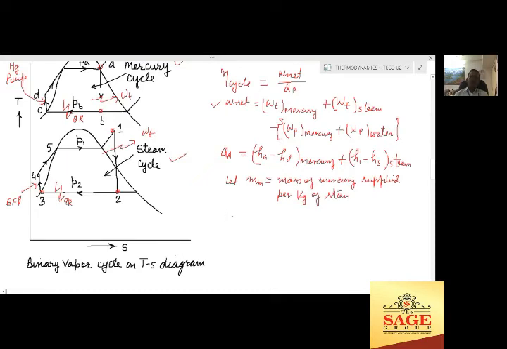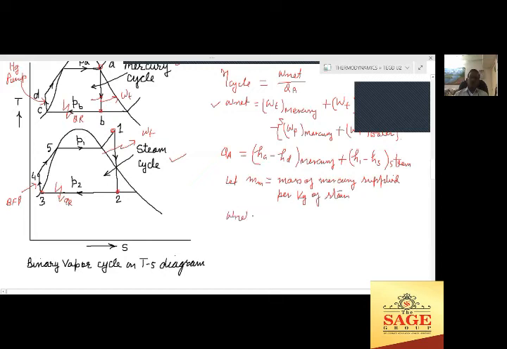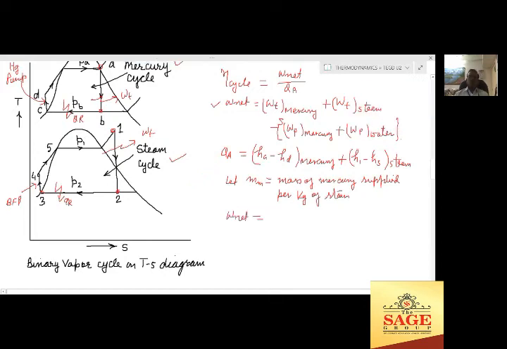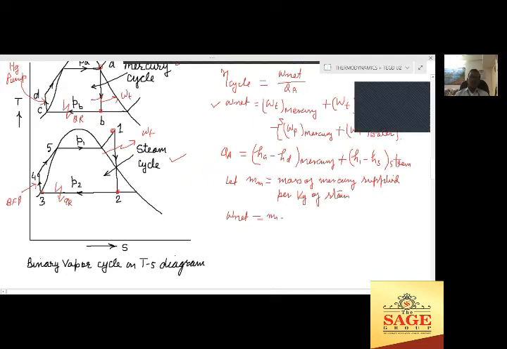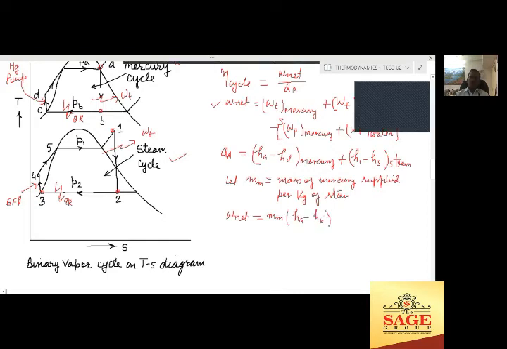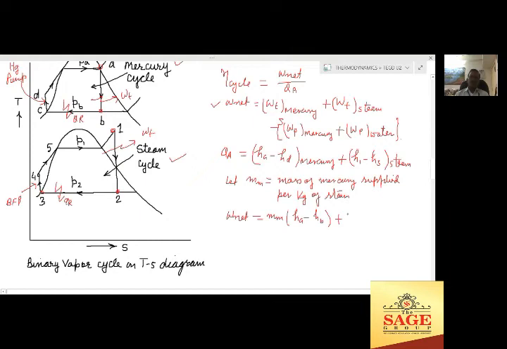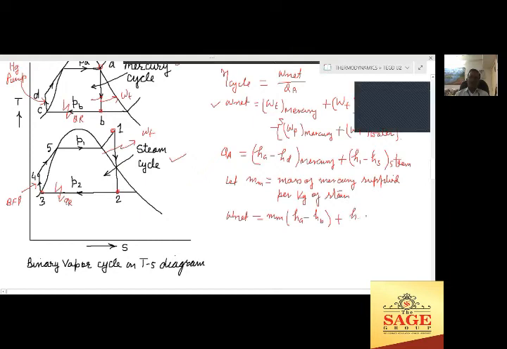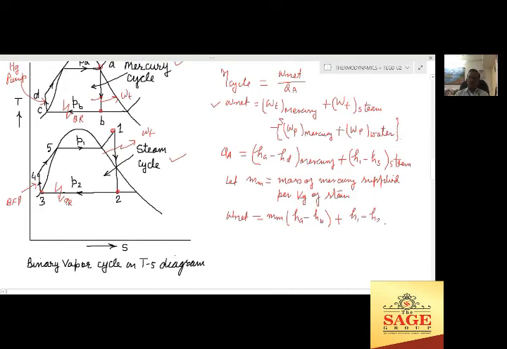W net will be equal to, first, the mercury turbine work. The mercury turbine work is HA minus HB, so it is written as mm into HA minus HB, plus the steam turbine work, which is H1 minus H2.